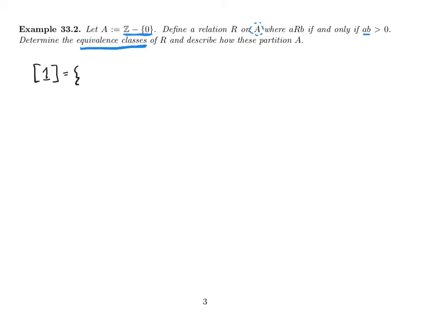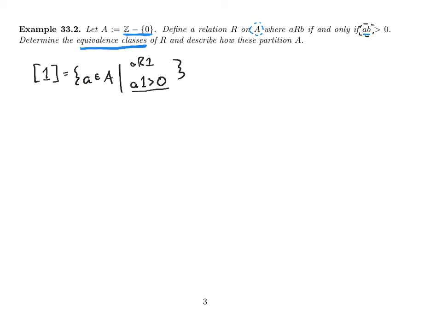Okay, now that we're back, well, the equivalence class of 1 is going to be all elements a in A such that they're related to 1, so that a is related to 1. Or, well, we know what that means. It means that a times 1 is greater than 0.